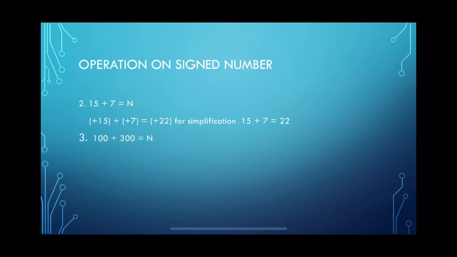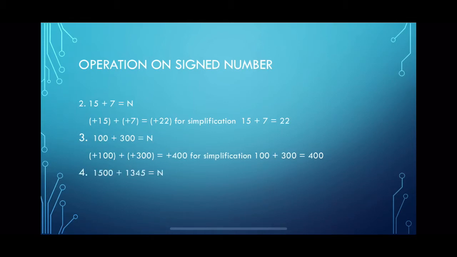For number 3, 100 plus 300 is equal to n. It is actually written as positive 100 plus positive 300 is equal to positive 400. For simplification, we simply write 100 plus 300 is equal to 400.